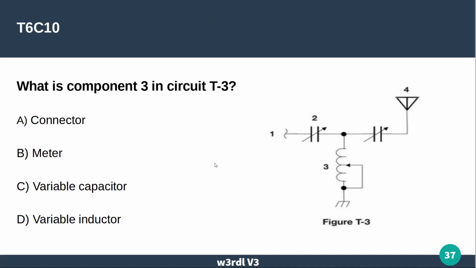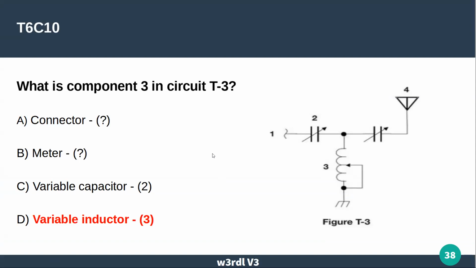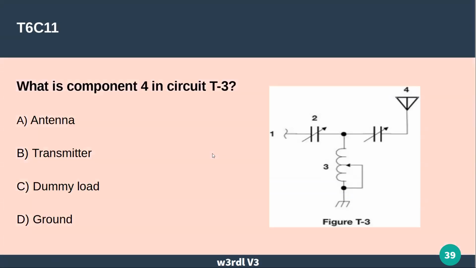So what is component 3 in circuit T3? Inductor. All right. They're not as common as variable capacitors. What is component 4? An antenna.